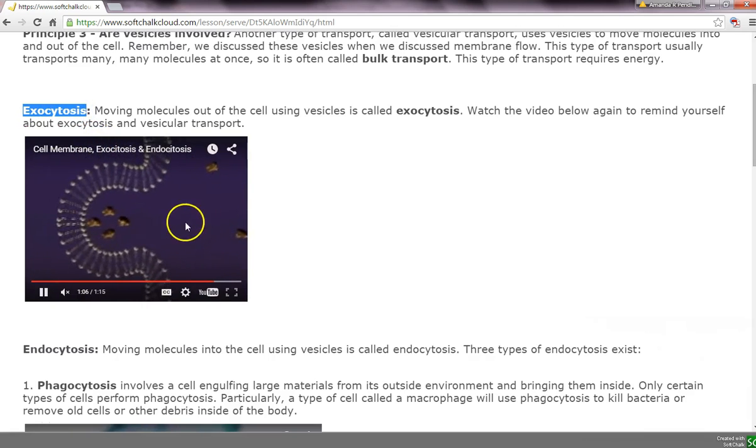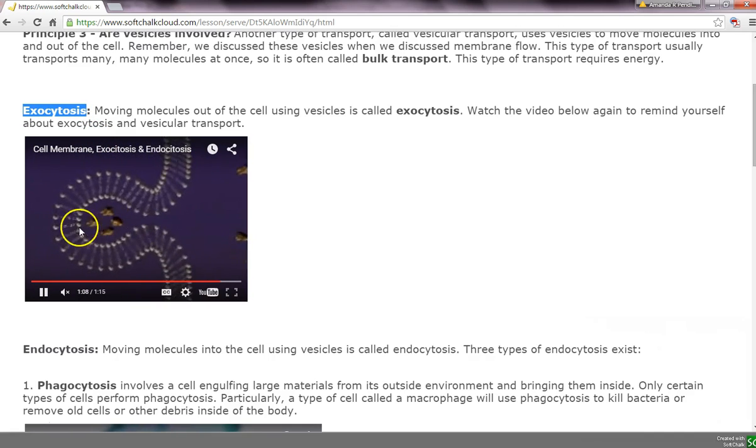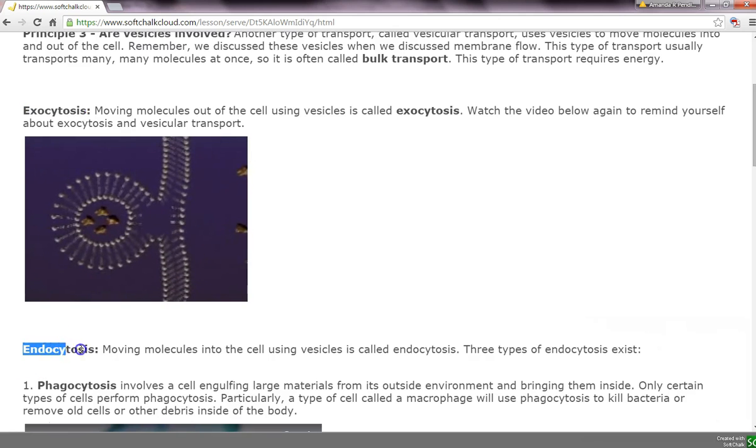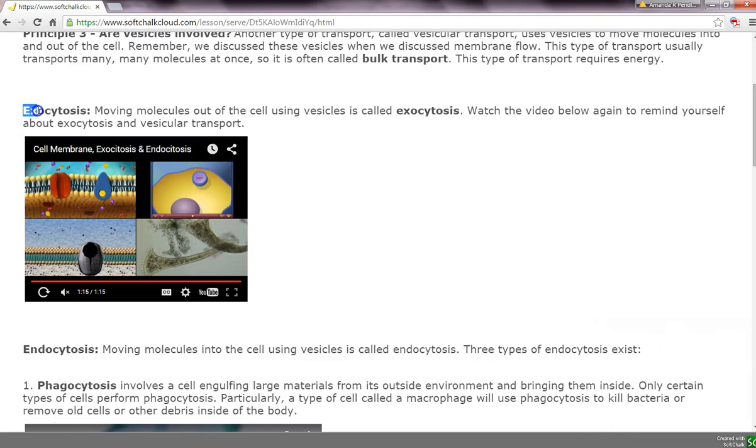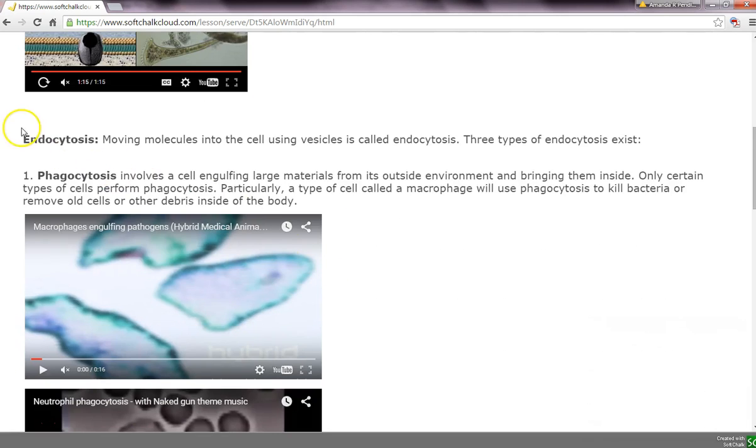And then here it's showing the opposite, moving things into the cell, and that type of movement is called endocytosis. So I think the X on exocytosis is for exit, or exiting the cell, and endocytosis, the EN, I think we're moving into the cell. But the key thing is that they involve vesicles.